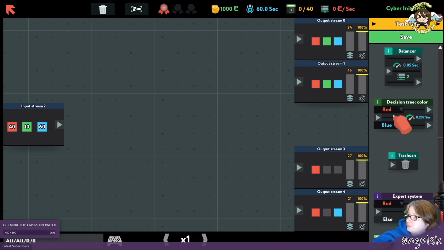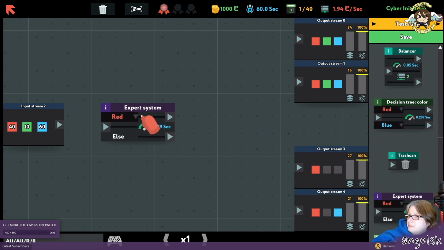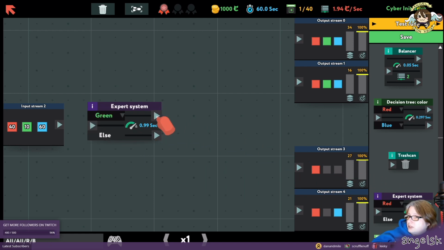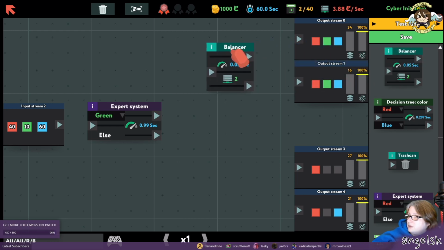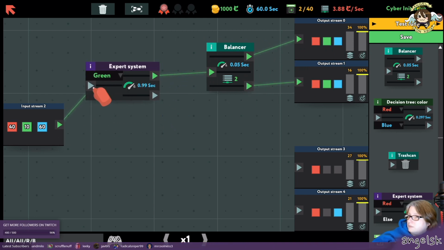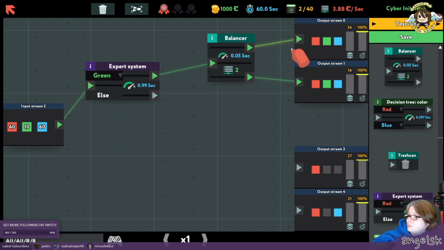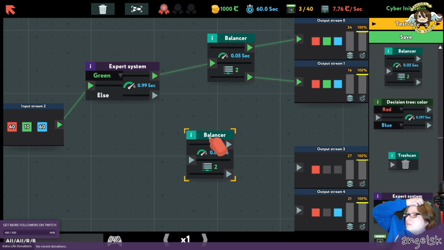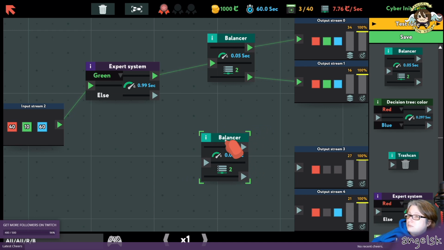Okay, so let's filter out the greens. Actually, let's put a load balancer in to split the greens. That gives each of those 5.